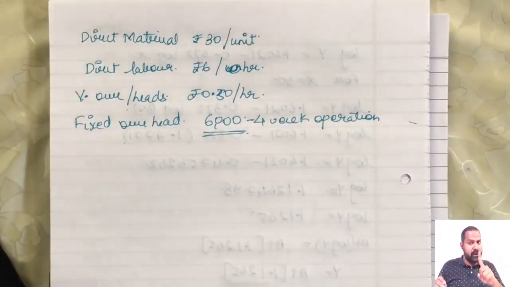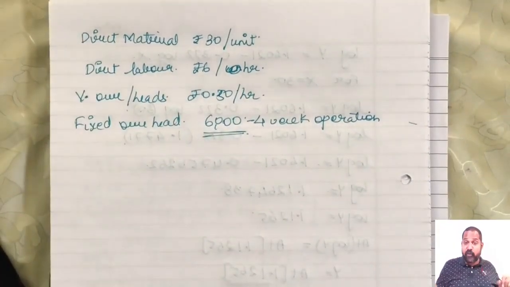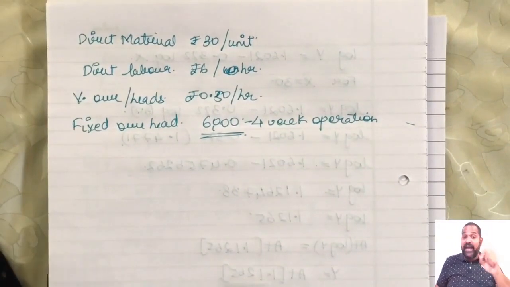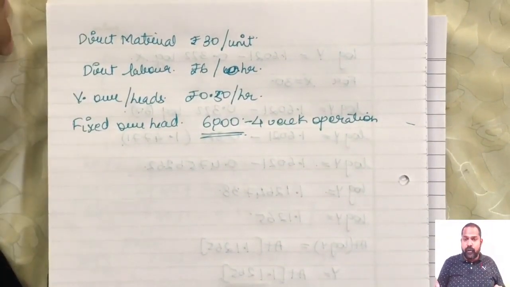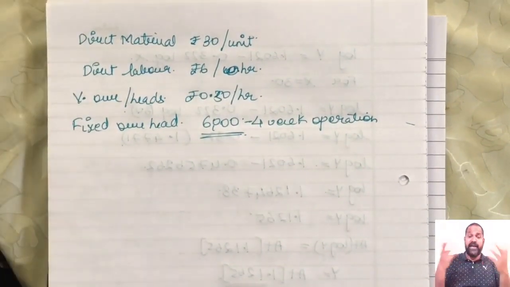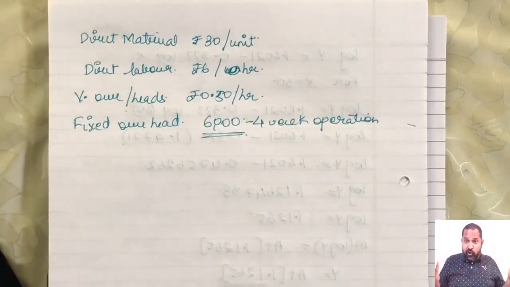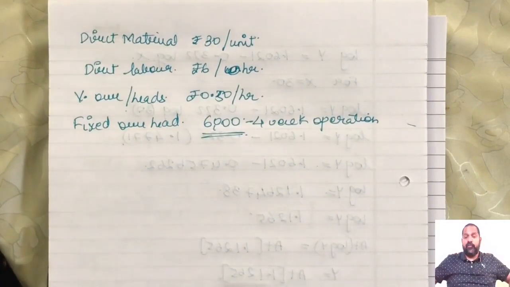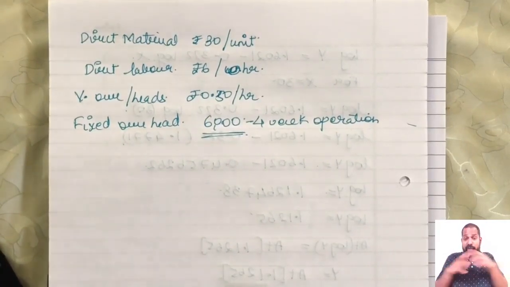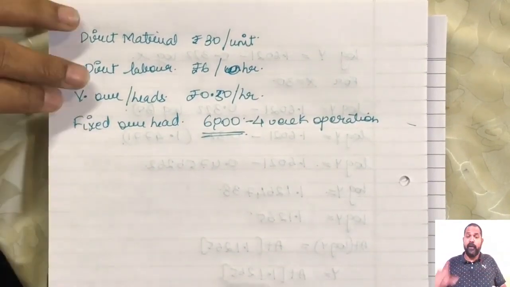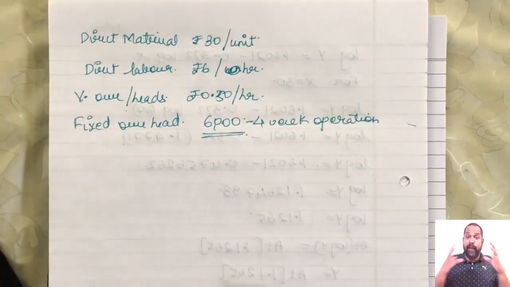One minute. You are charging 6,000 for a 4-week period and we are using standard costing. You must have done standard absorption costing, total absorption costing. I'm not teaching costing here, so I don't want to elaborate. It basically means I am going to pay you for what I am using.